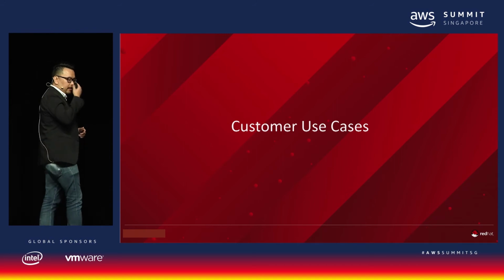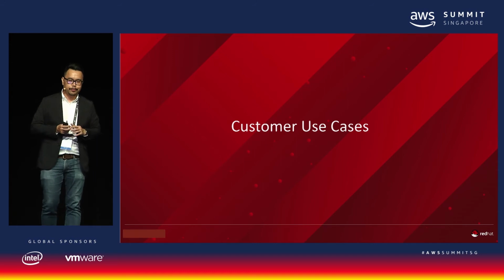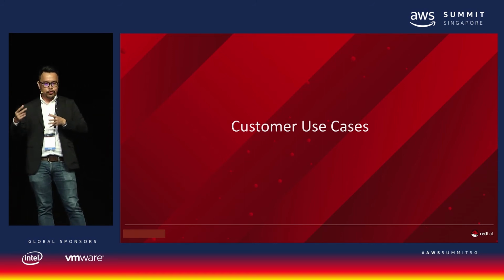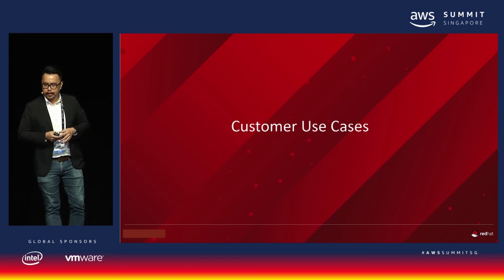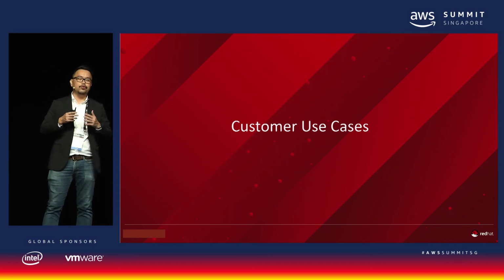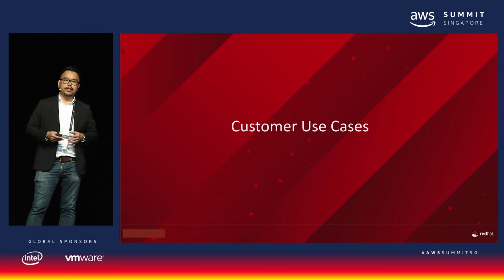Okay, customer use cases. We just want to talk about a few prominent customers that have solved their business and IT issues using both cloud and container technology. Cathay Pacific Airways used to face problems in their online services performance, scalability, and time to market.